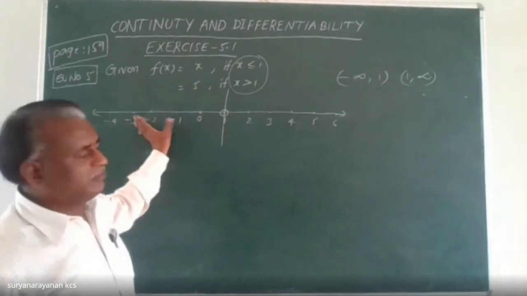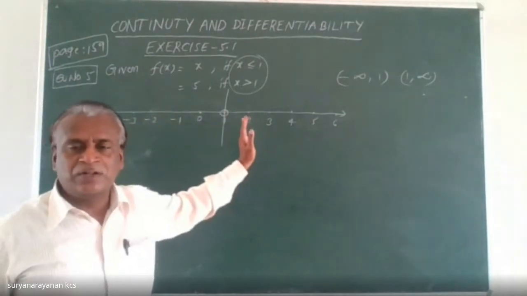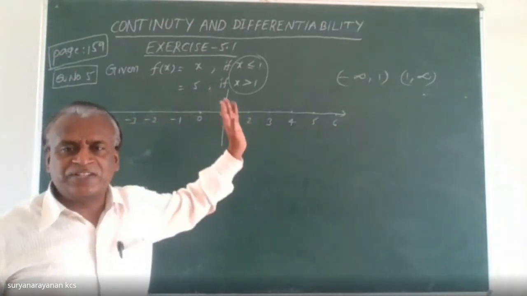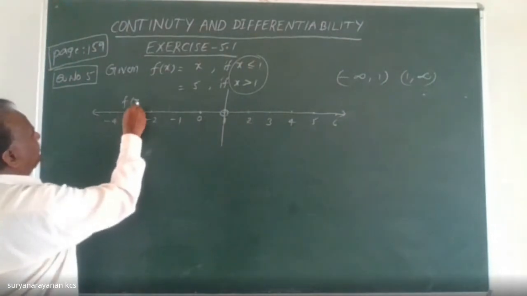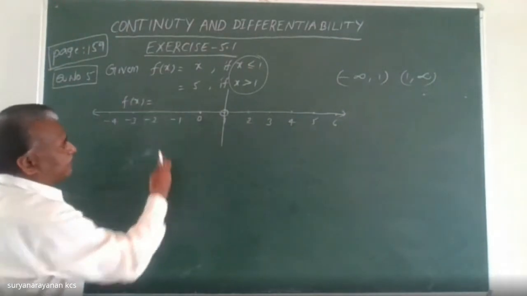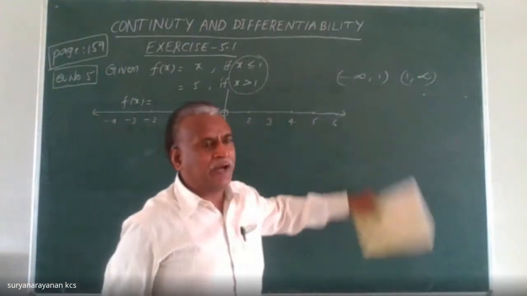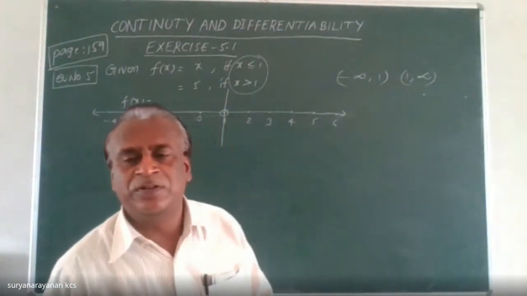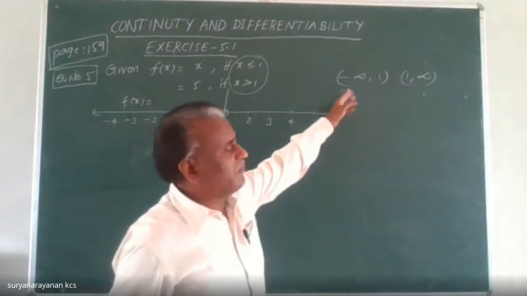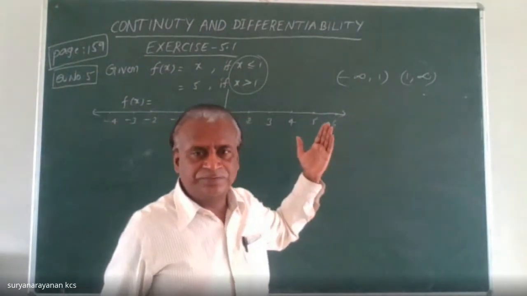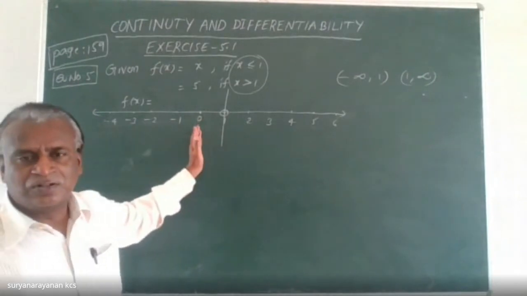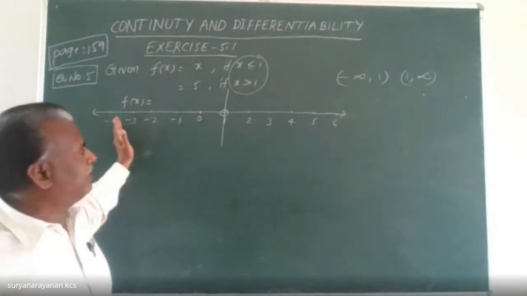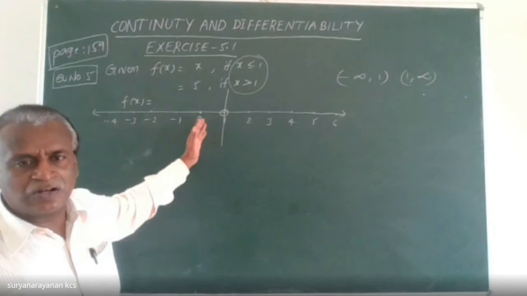In this interval, minus infinity to 1, how is the function f of x defined, tell me? Minus infinity to 1 means x is less than 1. We are taking the values for x less than 1. See here, all these numbers on this number line are less than the number 1 or not?